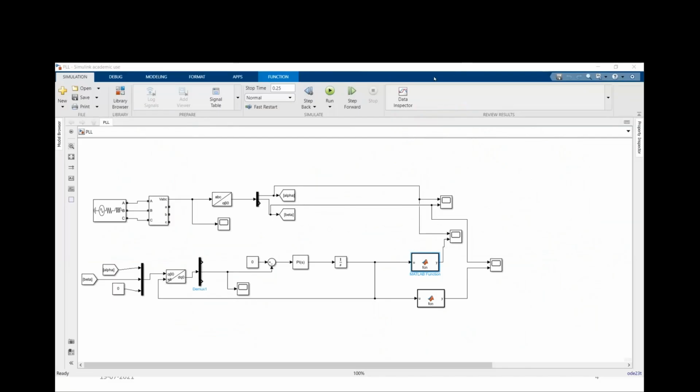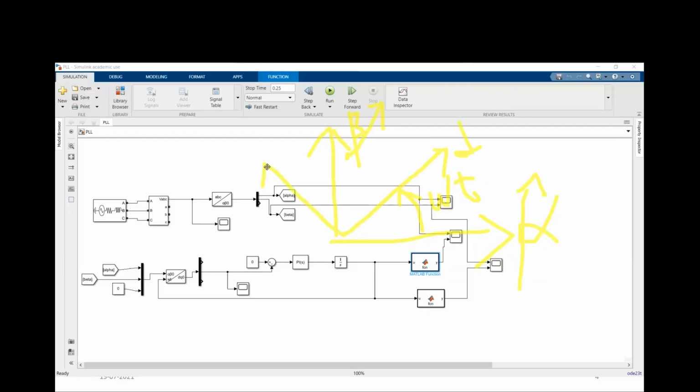Now let us see how we can do that. Suppose this is alpha, this is beta. What happens to my DQ with respect to the alpha reference? These are variables, and these are constants.